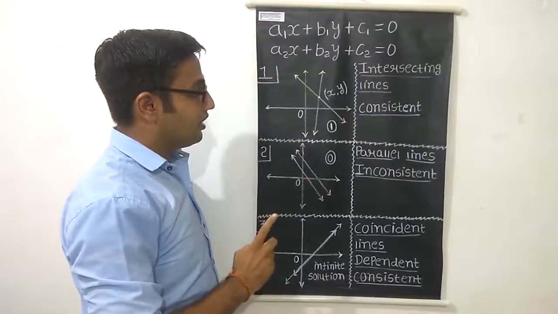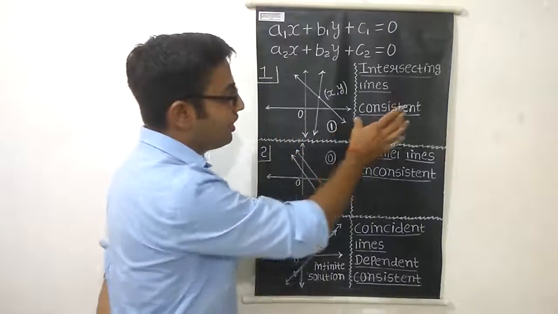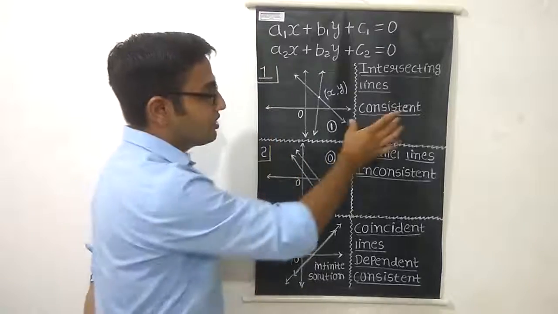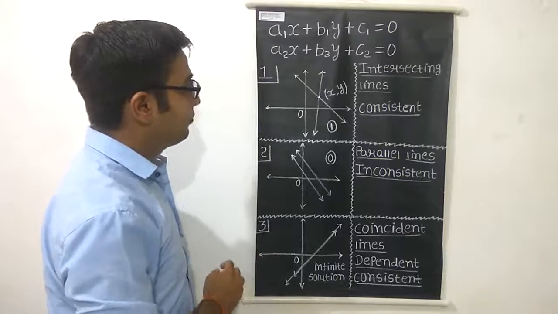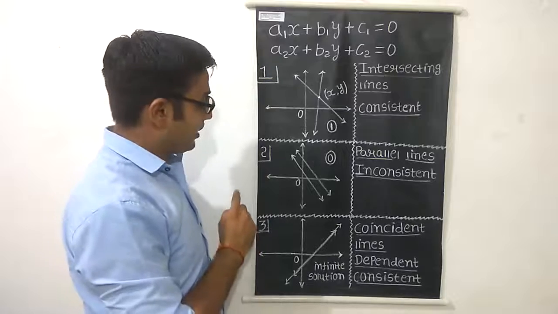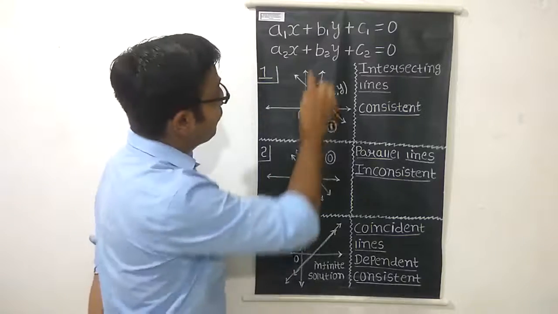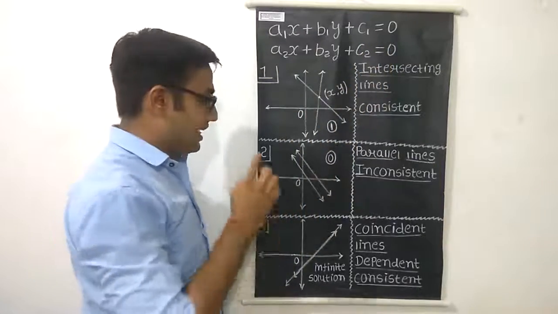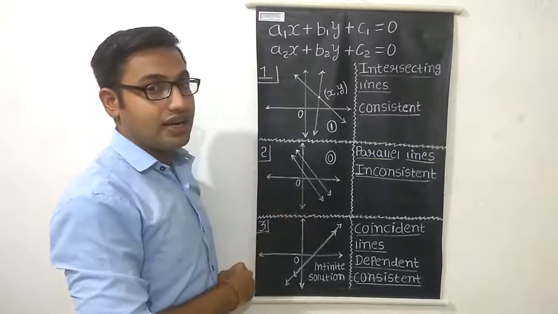And one thing here is that intersecting lines are also called consistent pair of linear equations. Consistent, right? So now the second case. Second case that can be possible is that, suppose this line is of first equation and this line is of second equation. Now here we can say that both the lines are not intersecting lines.